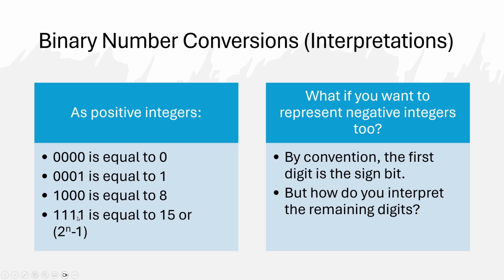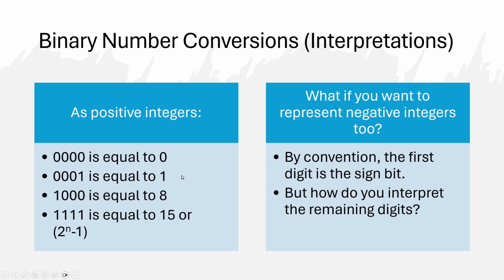But what if you want to represent negative numbers too? Well, you have to use some other convention so that at least a part of the binary numbers represent negative and a part of them represent positive. By convention, the first digit in a negative binary number is the sign bit.